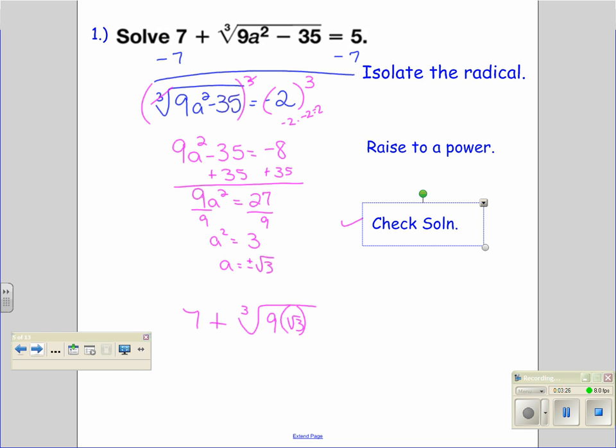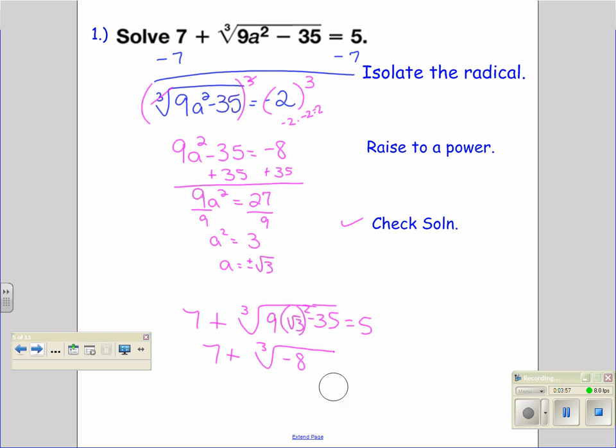I'll use the positive one first. 7 plus cube root of 3 times 9 is 27. 27 minus 35 is negative 8. Cube root of negative 8 is negative 2, and I get 7 plus negative 2 equals 5. And that checks out. 5 is equal to 5.